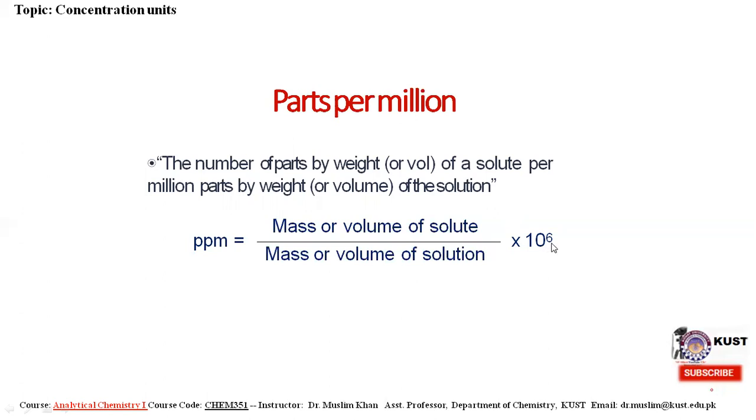Million is 10 raised to the power 6, and in percent you are calculating it in 100, so there you multiply by 100. So the formula is the same. ppm is equal to mass or volume of the solute over mass or volume of the solution multiplied by a million, that is called ppm.